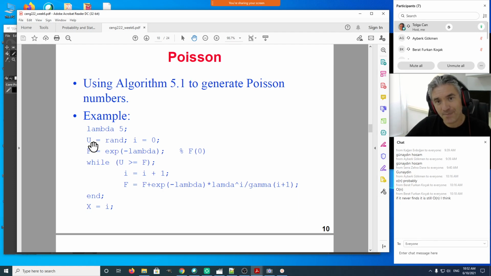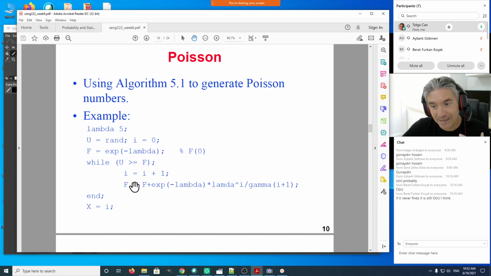If not, you keep increasing that. And at some point, for example, after i equals 15, this CDF becomes very close to 1, which means that your generated random variable is most probably going to be in that interval anyway. You want the probability that this loop runs all the way to infinity to be very small.